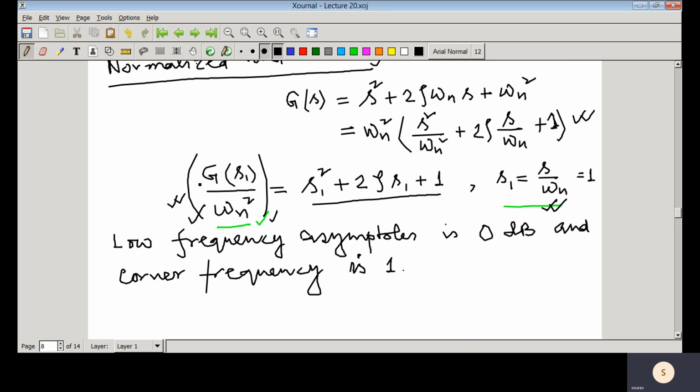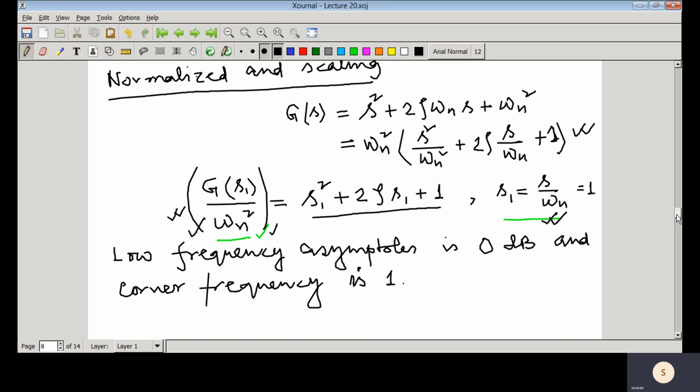Then the asymptote is 0 in the low frequency range and the corner frequency is 1. So this is the second order factor represented in normalized and scaling form.